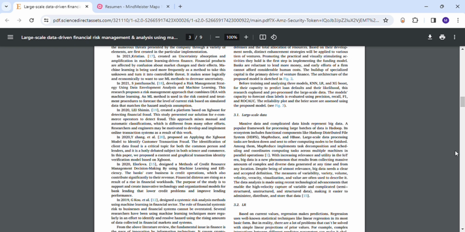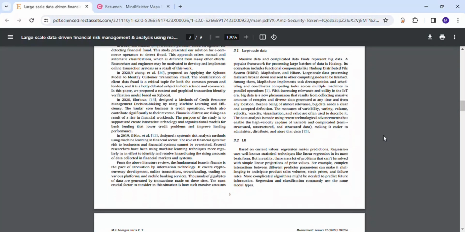The measures of variability, volume, velocity, veracity, illustration, and value are often used to describe it. The data analysis is made using recent technological advancements that enable the high velocity capture of variable and complicated semi-structured, unstructured, and structured data, making it easier to administer, distribute, and store that data.